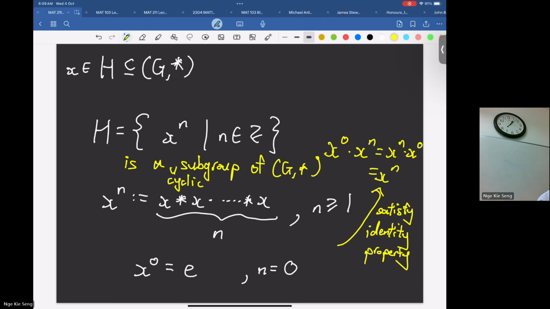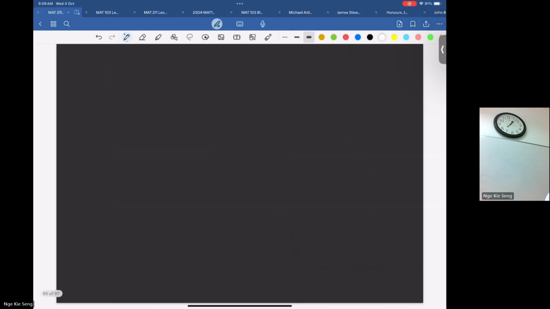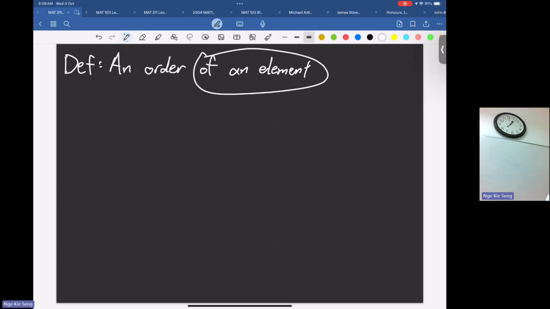You can see the cyclicity better when the order of s is finite. Remember what the order of an element is? What's the order of an element?